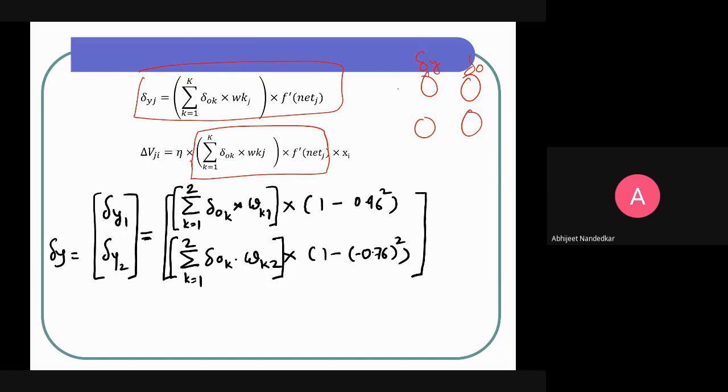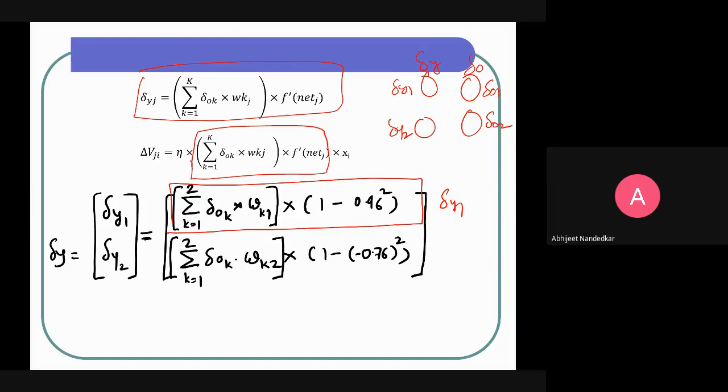There are two, delta y1 and delta y2, just as earlier we had delta O1 and delta O2. Now the delta y1 computation requires the delta O signal. This is the computation of delta y1, the first one.